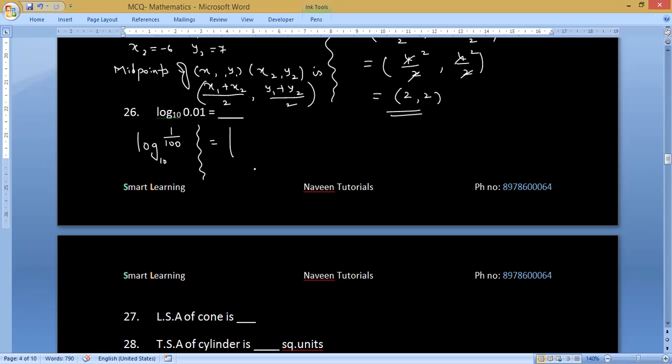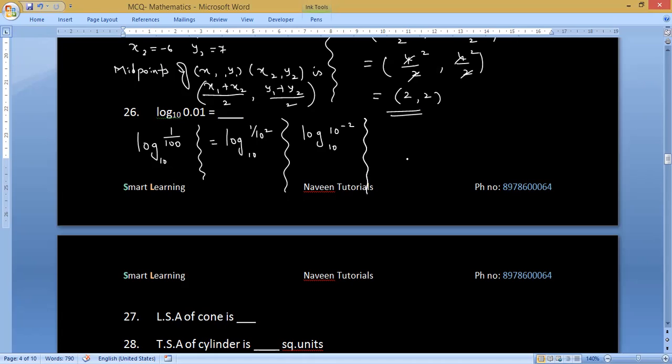log of 1 by 10 square, base 10. Again I'll write log of 1 by 10 square as 10 to the power of minus 2, base 10.